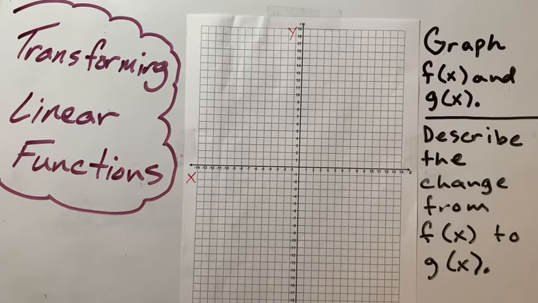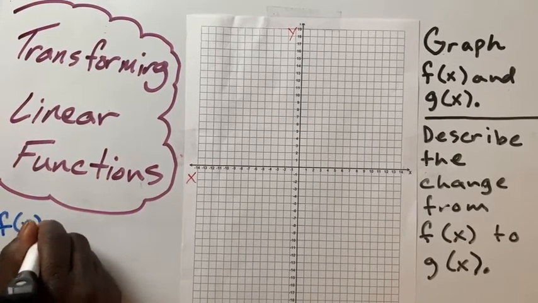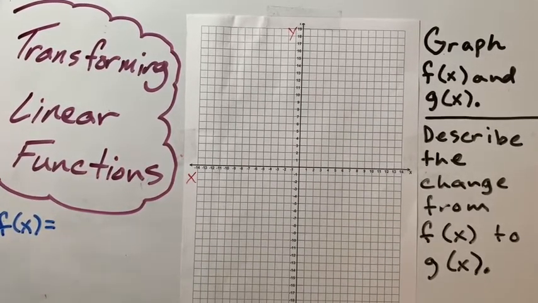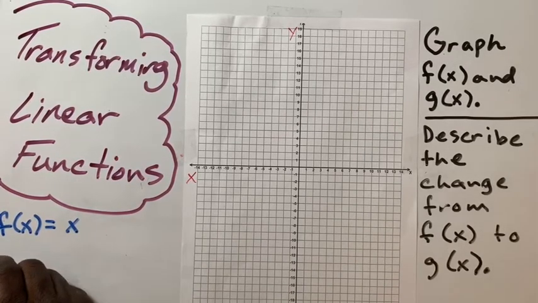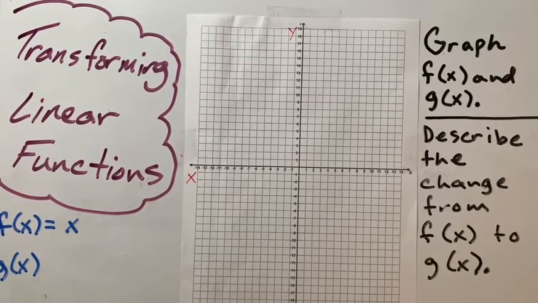All right, so let's start where we're going to be given two functions. I'm going to write that information over here. We have f of x equals x, and then we have g of x, and that equals x plus 3.